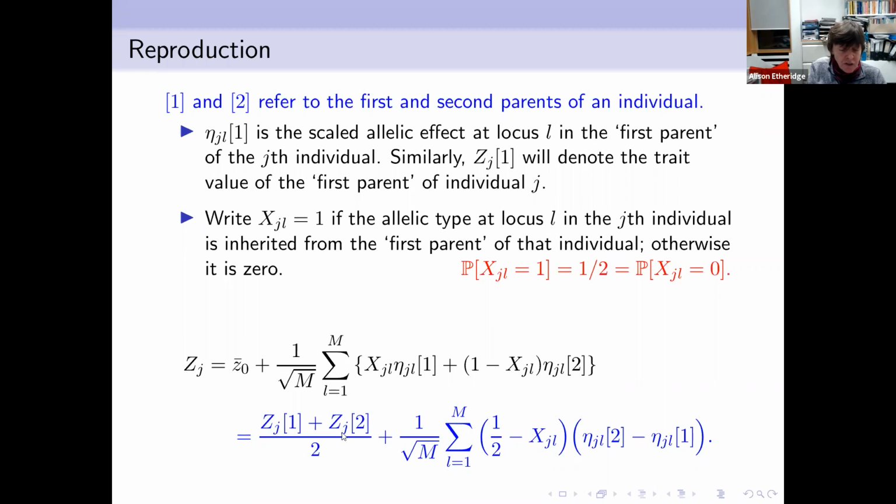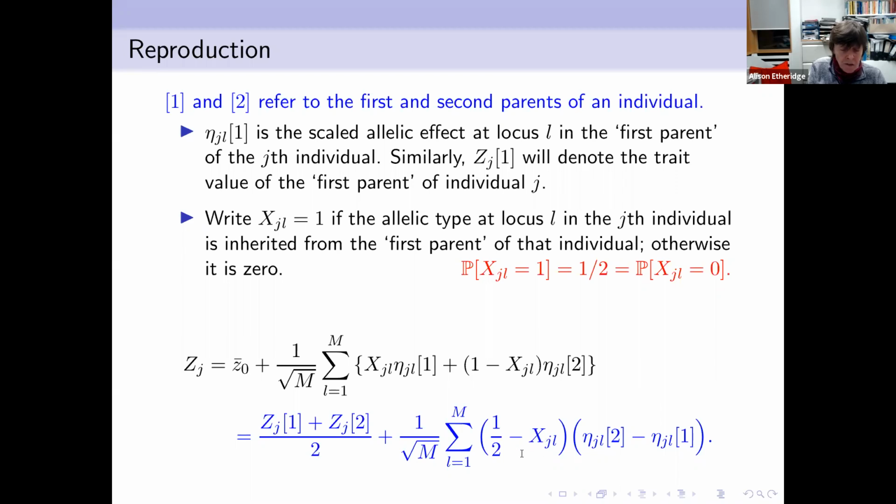ZJ2 over 2, well, actually, ZJ2 occurred as a whole copy in this expression, because I had a 1 here multiplying eta JL of 2. So I better add on another half, and that's that half times this. And then the XJL terms are just copied from the line above.